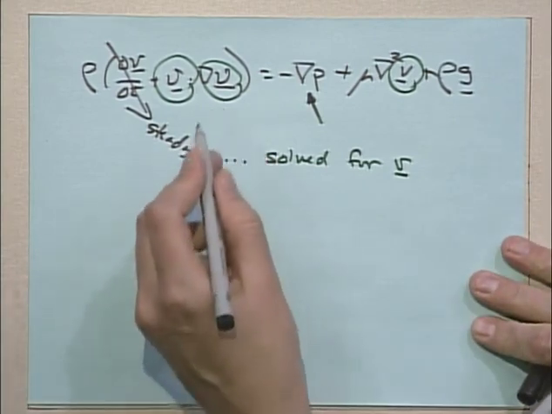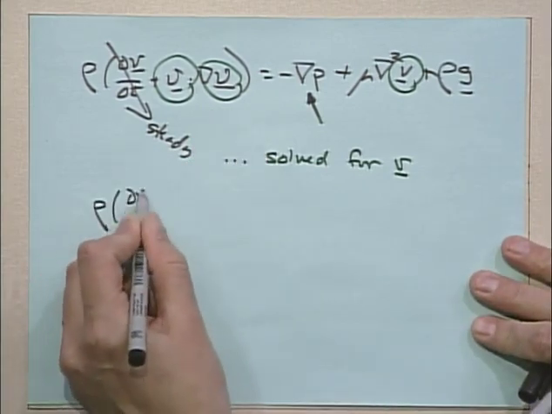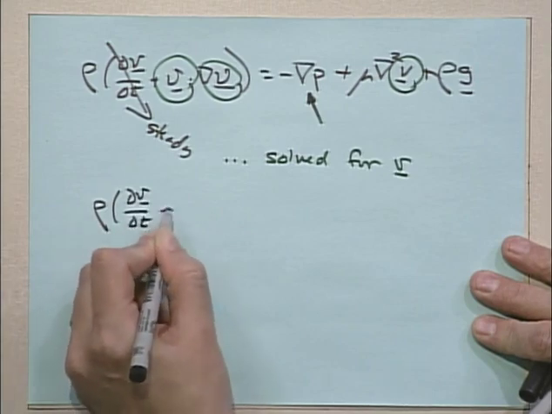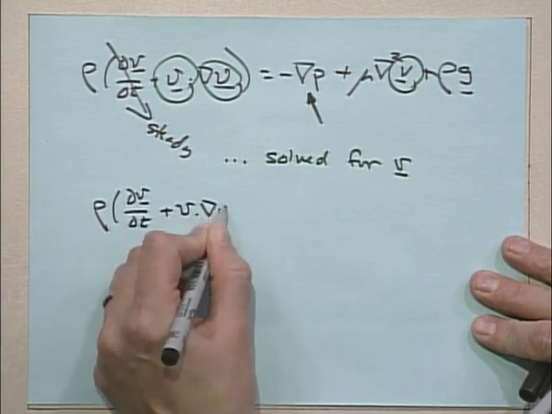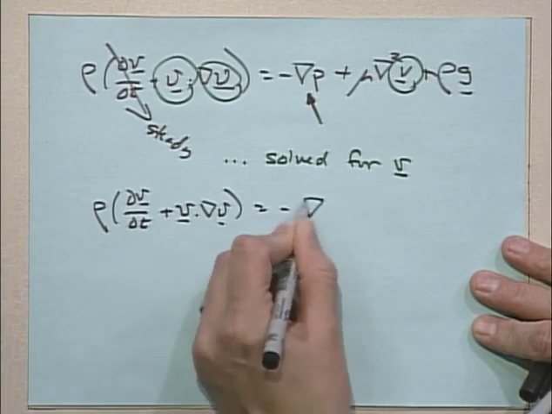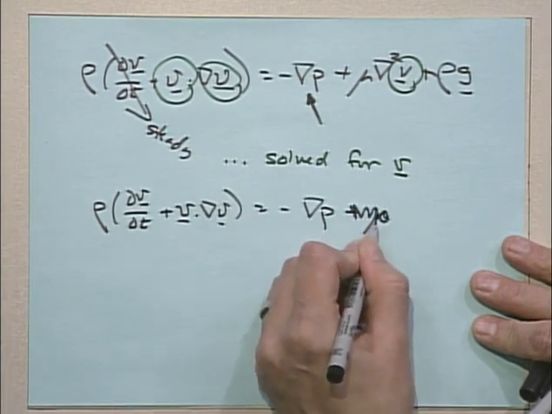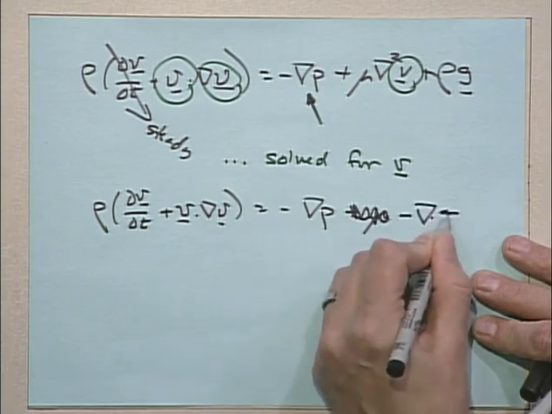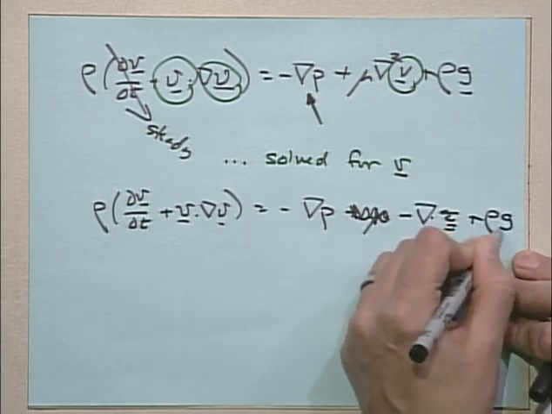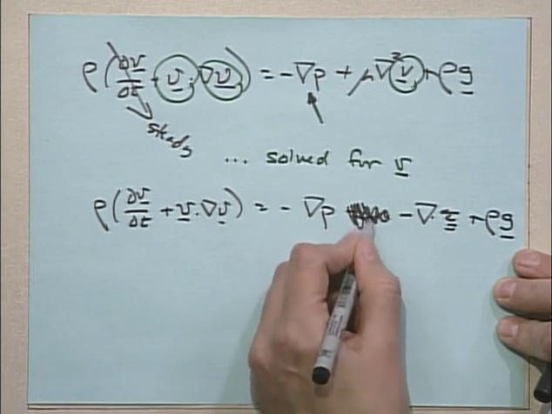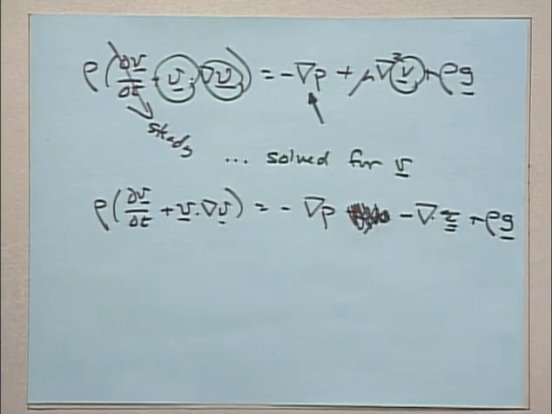The equation in the derivation before this has the same left-hand side, but it has that extra stress tensor. It has this term with the extra stress tensor.